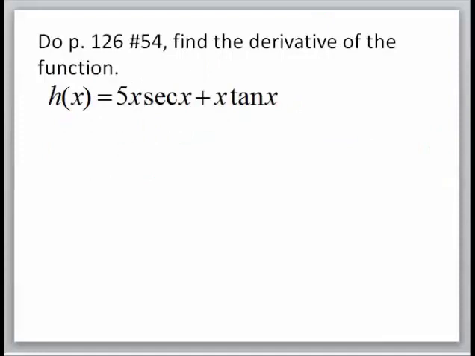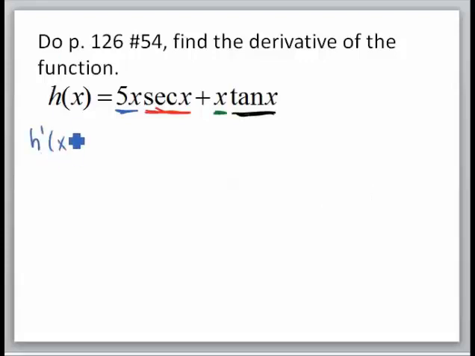Last problem for this section, I've got a couple things going on. I've got two terms, and within those, I've got two product rules. I've got first times derivative of the second right here, so I've got to do the derivative correctly there. And then here I've got a first term times derivative of the second here. So I've got two product rules within this one problem.